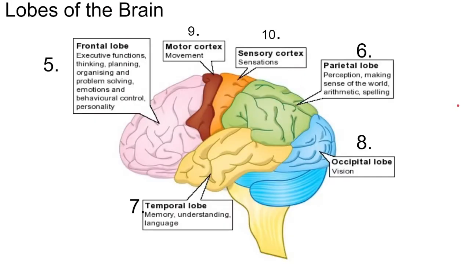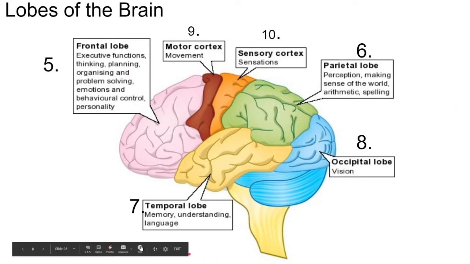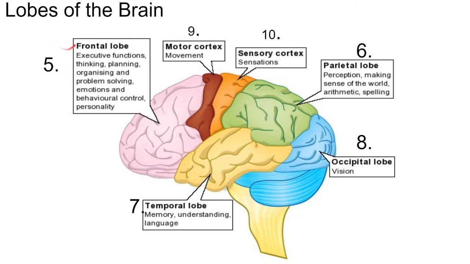So what do those lobes of the brain do? They each serve a different purpose. So the frontal lobe is going to be the decision-making lobe. It functions in planning, organizing, thinking, making decisions. It also does control your emotions and behavior as well as your personality.